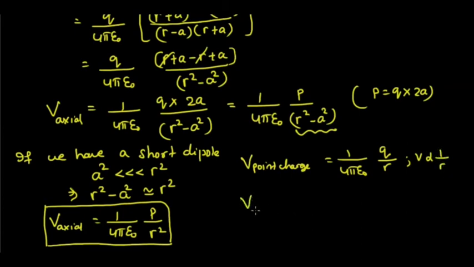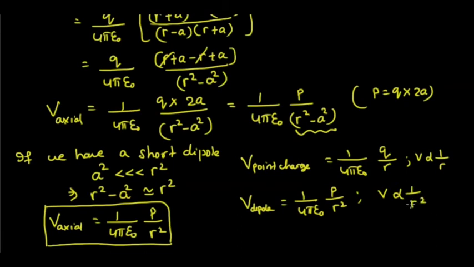But the electric potential due to a dipole, it is given by 1 by 4 pi epsilon naught P by R square. So you can say that this potential due to a dipole is inversely proportional to R square.